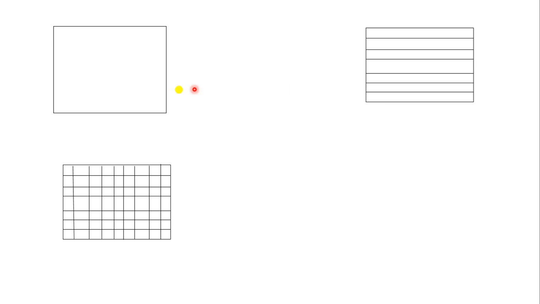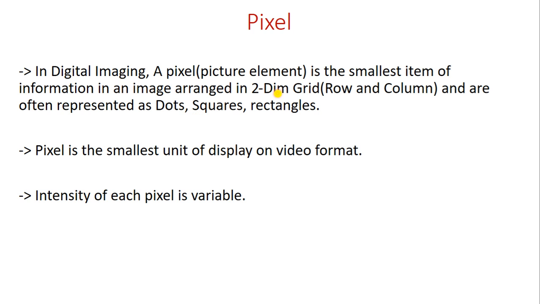Let's see here. If you capture an image, suppose the image is in the form of squares. I just told you that an image is two-dimensional, a two-dimensional grid, meaning rows and columns. These lines are called the rows. If I put lines after this, the image will be like this.